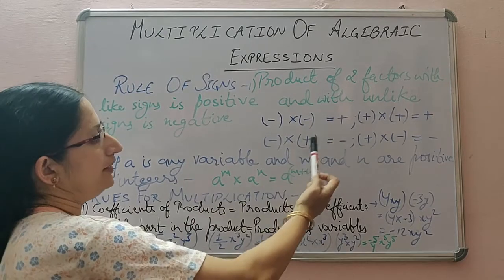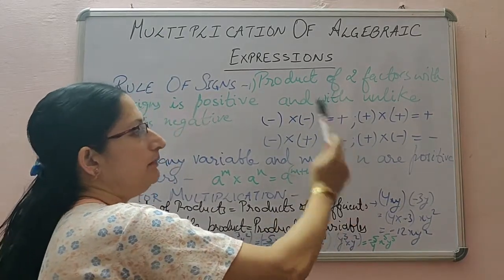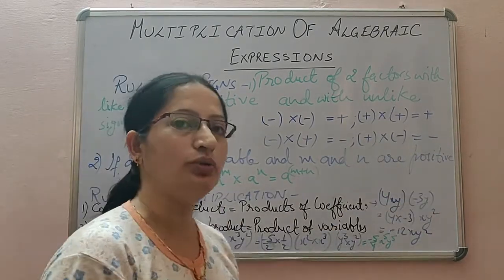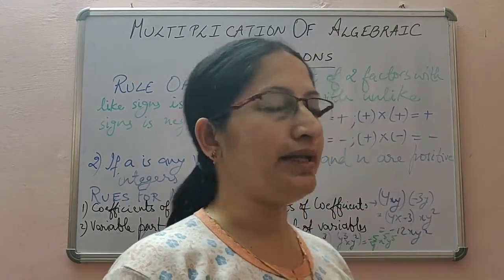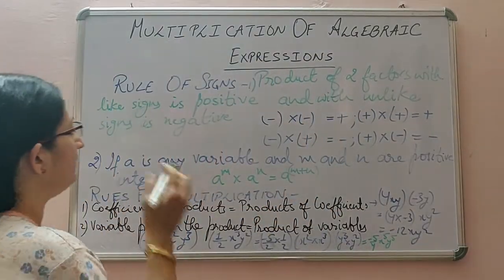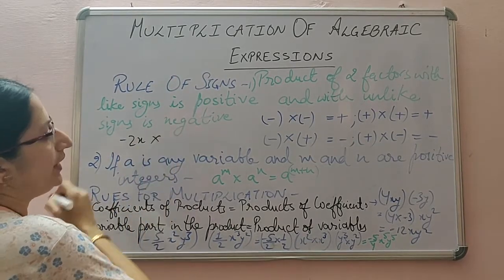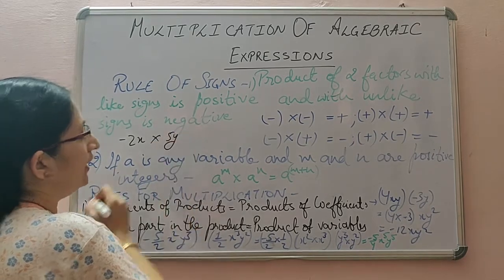Now the other part, let's see that is minus into plus will be minus, and plus into minus will be equal to minus. So we can understand this also by taking two monomials. I have taken here minus 2x into, I am doing here, plus I take 5y.